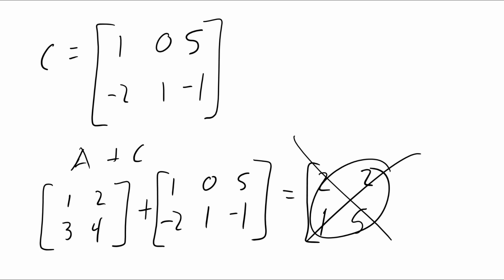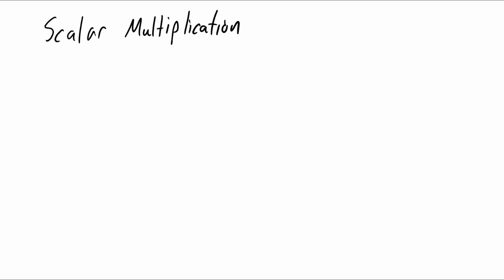All right, now let's look at multiplication. There are two different types of matrix multiplication. The first type is called scalar multiplication. Scalar multiplication is when we have something like 2A. So we're multiplying a matrix times a constant. A was 1, 2, 3, 4.